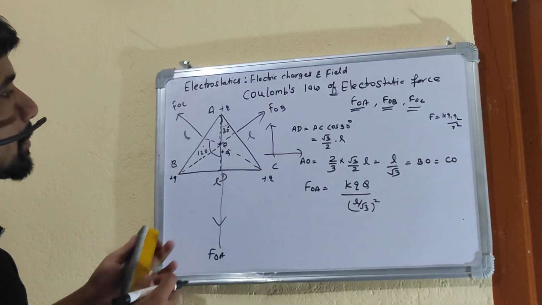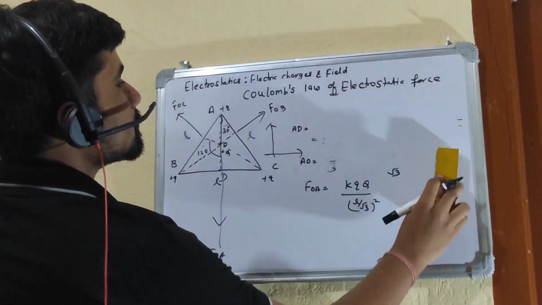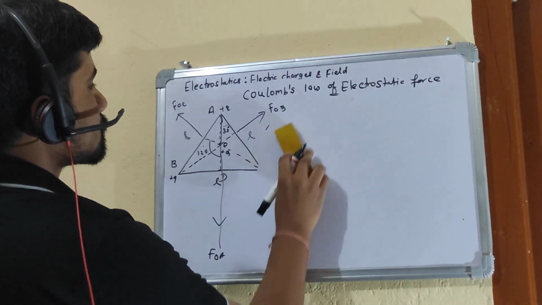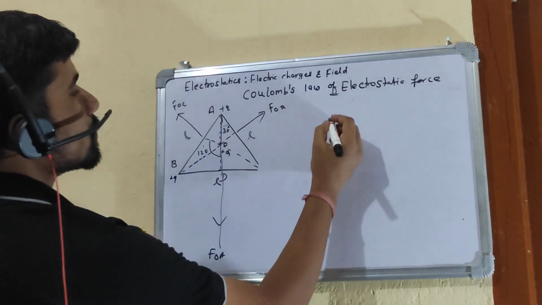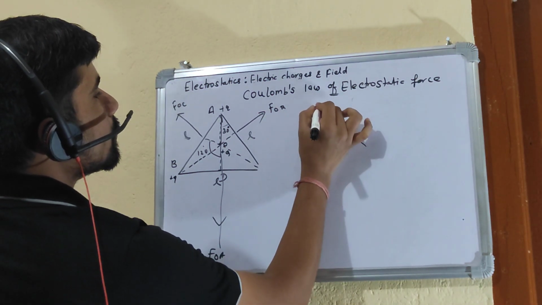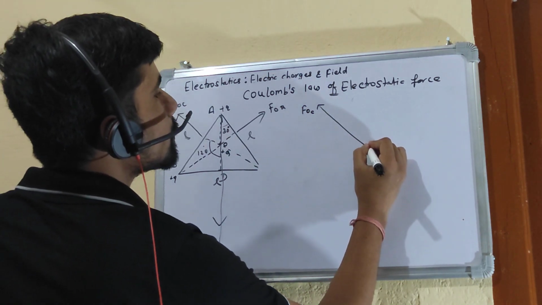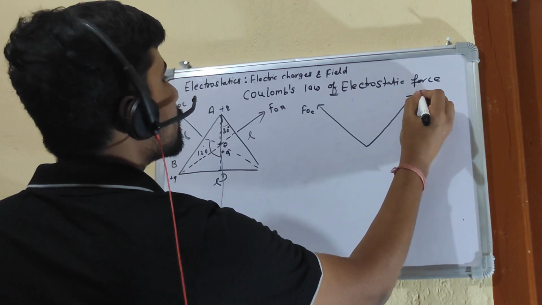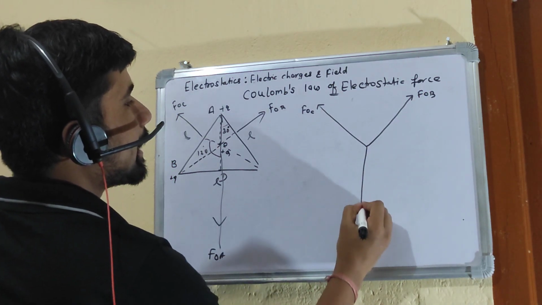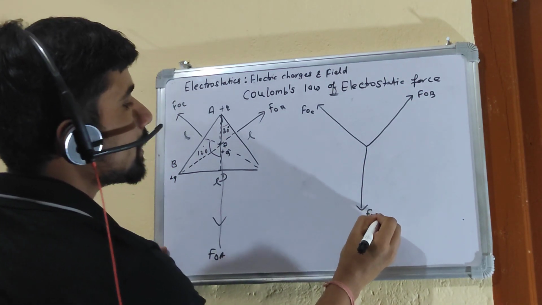So let me draw a clear diagram. This is FOC, this is FOB, and this is FOA, right?